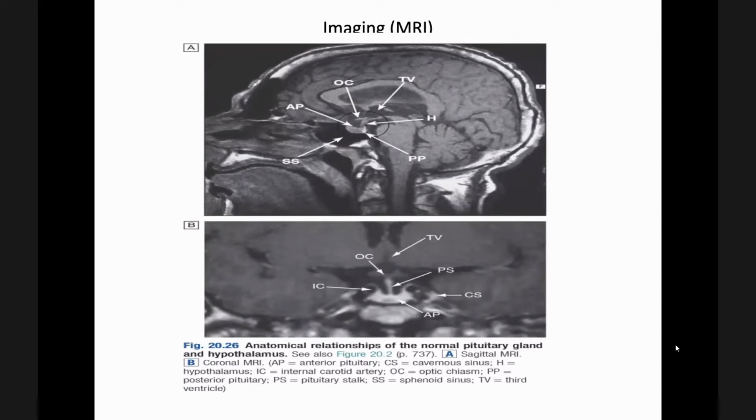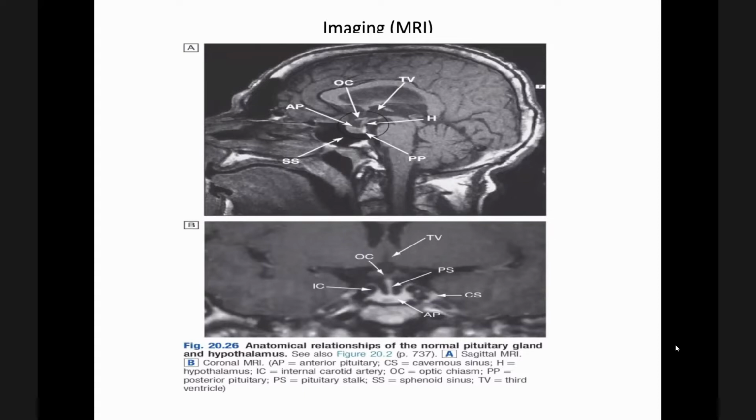How the pituitary gland looks: the posterior pituitary is hyperintense. The hyperintense part that looks white here is the posterior pituitary gland, but the anterior pituitary has intensity similar to the brain structures. So this is the anterior pituitary. Just above it there is the optic chiasma. This is the pituitary stalk. So this part is the hypothalamus.